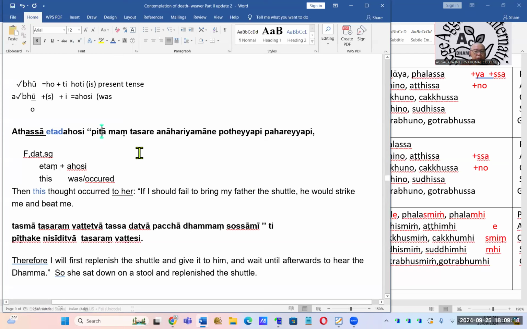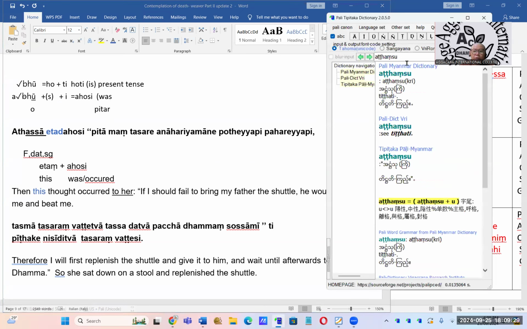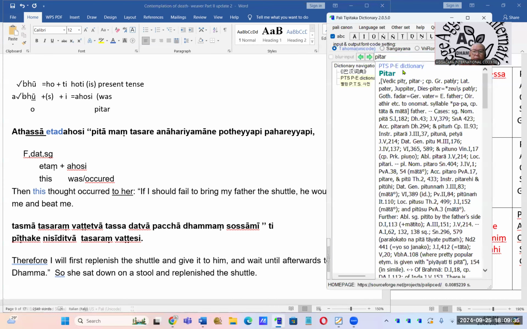Pita. Okay, for those who learned declension before, pita comes from the word pita, right? So pita is actually an interesting word. When you check with the dictionary, pita, now the Latin is pater, you see, right? When you listen to the sound pater, sometimes it sounds like father. There's a little bit of similarity in the sound: P, and then F, and then the T, pita, father.